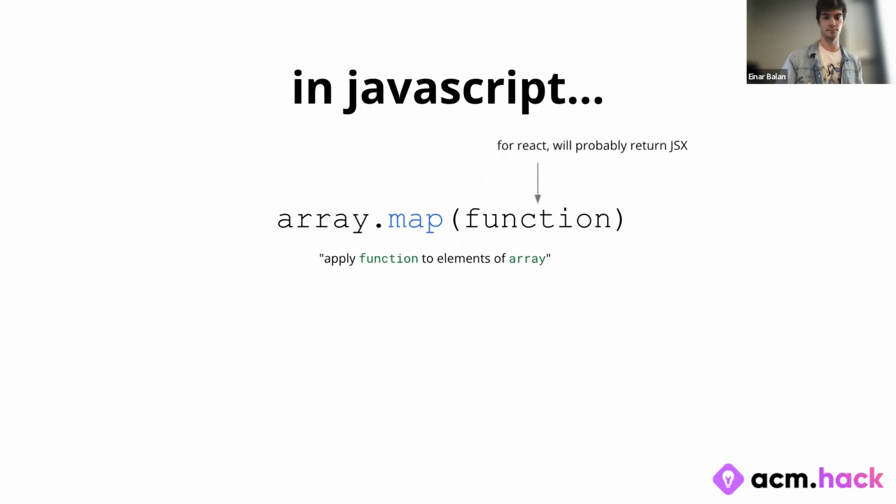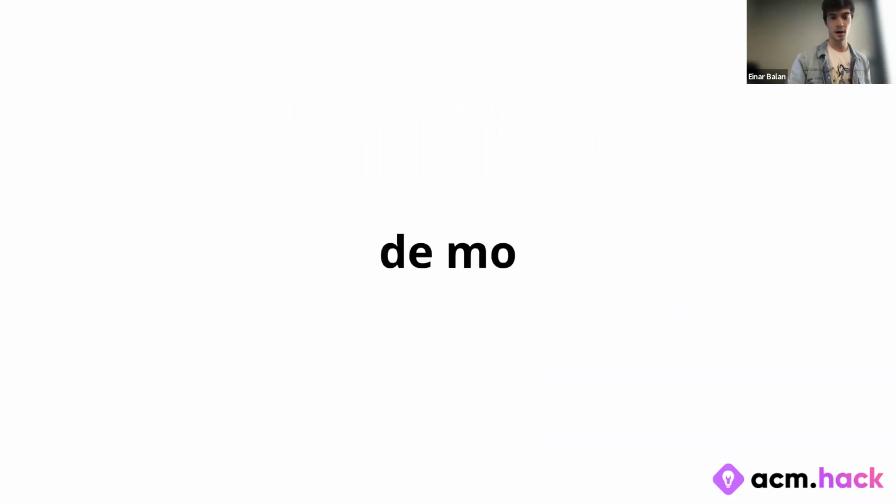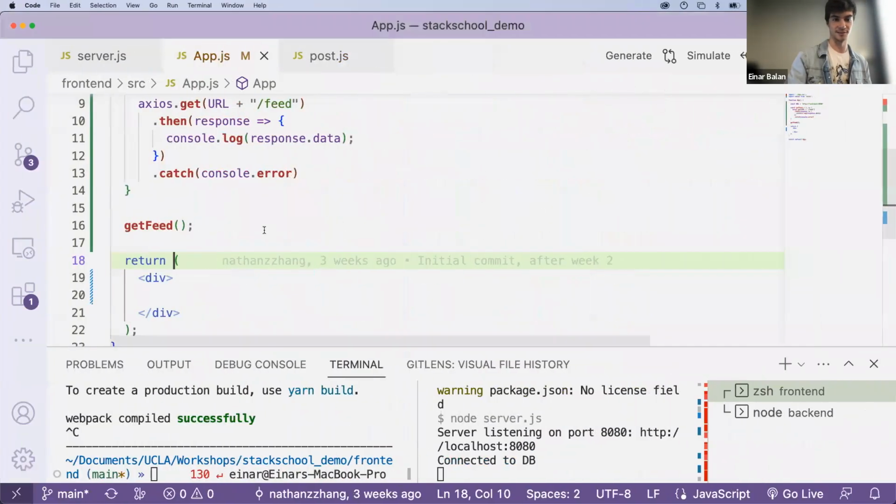All right. And for React, this function is going to return some JSX. JSX, if you don't remember, is like our HTML-like stuff. So hopefully you're all familiar with that. And let's do it, right?